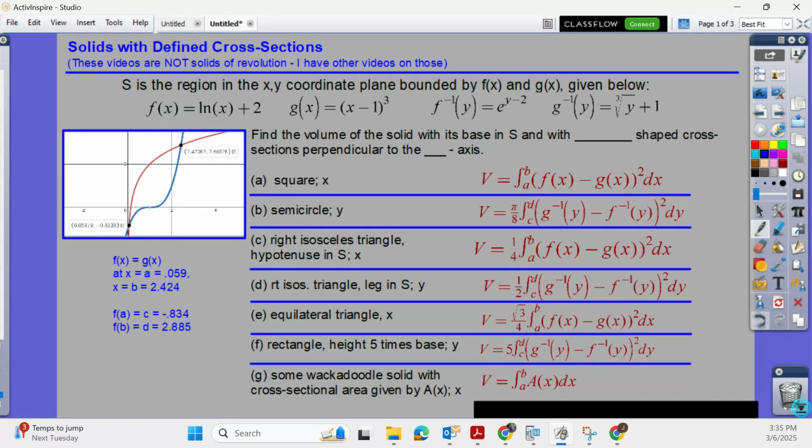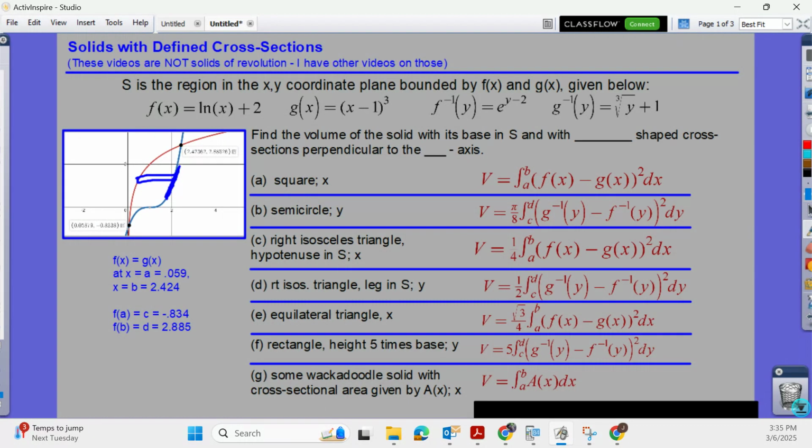But when I'm going horizontally, now I'm looking at x values. G is on the right of f. So g has the bigger x value than f. And so now I'm doing the g curve minus the f curve, which is why all of these that were going horizontally have g inverse minus f inverse, while all of them that are going vertically have f minus g.